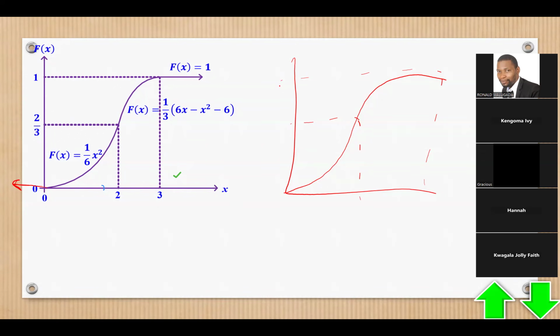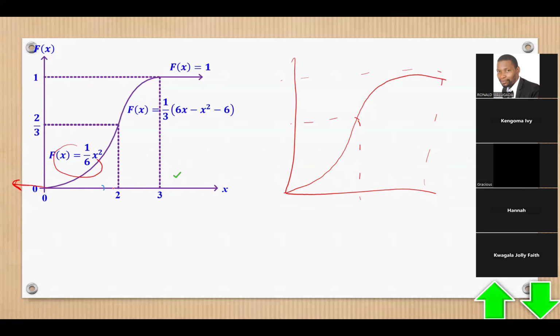I think your teachers who taught you curve sketching must have emphasized that every curve you sketch must be labeled. So the same knowledge, we use it here. If you don't label, we don't know what the curve is about. So make sure you label.